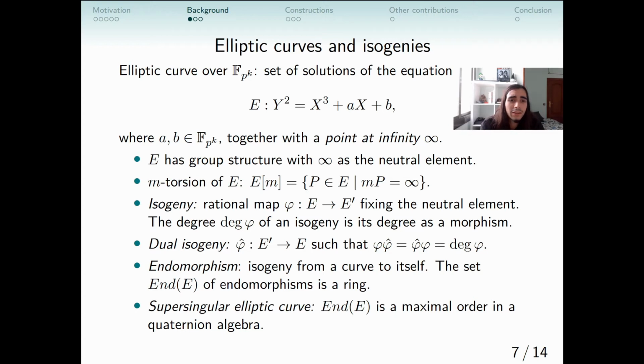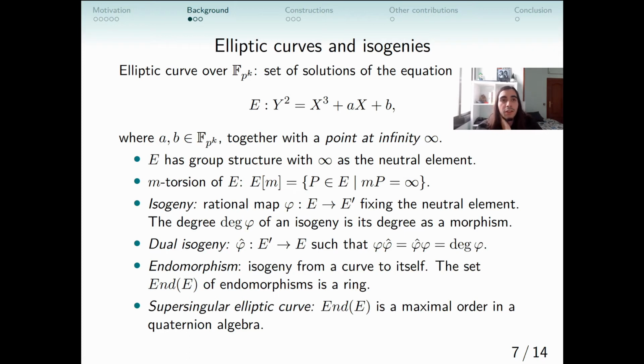And this is going to act as a neutral element because together with this point, the curve has a group structure. In particular, for some integer m, we are going to denote the m-torsion of the curve, so the set of points that are killed by multiplication by m, by E[m].